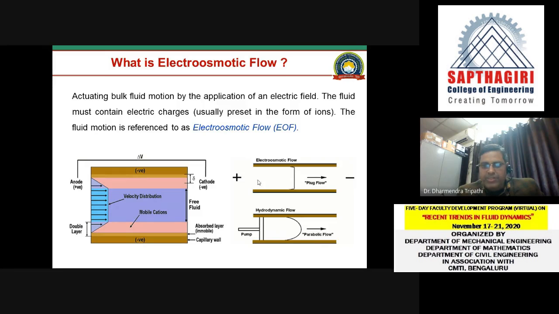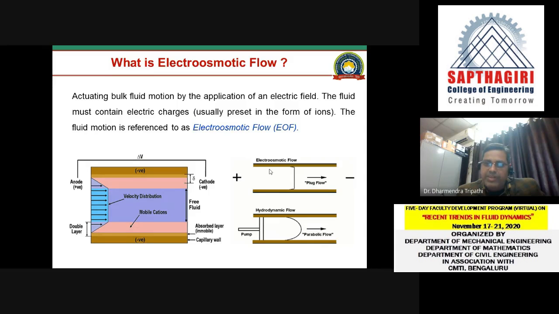So the difference between electroosmotic flow and parabolic flow is that the nature of the velocity profile is trapezoidal, meaning there is not much variation, and this is due to the electroosmotic flow. If there is not much variation in the fluid flow, then the analysis is much easier. Also, if you are dealing with a biological problem and there is no variation in the velocity, that is the case of very controlled fluid motion.